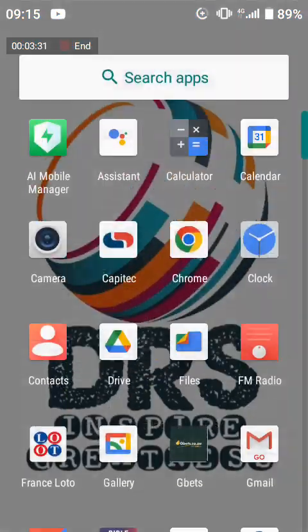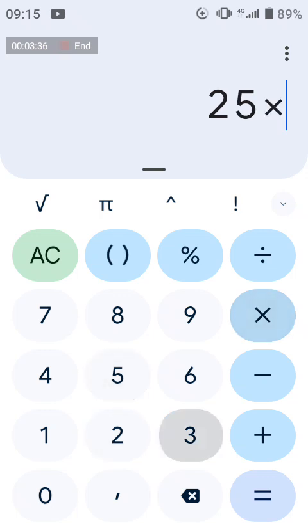Now, Pandas, we're going to say 25 multiplied by 3 equals 75. On a set code of 75, we're going to say 7 plus 5 is 12, and 7 multiplied by 5 is 35.